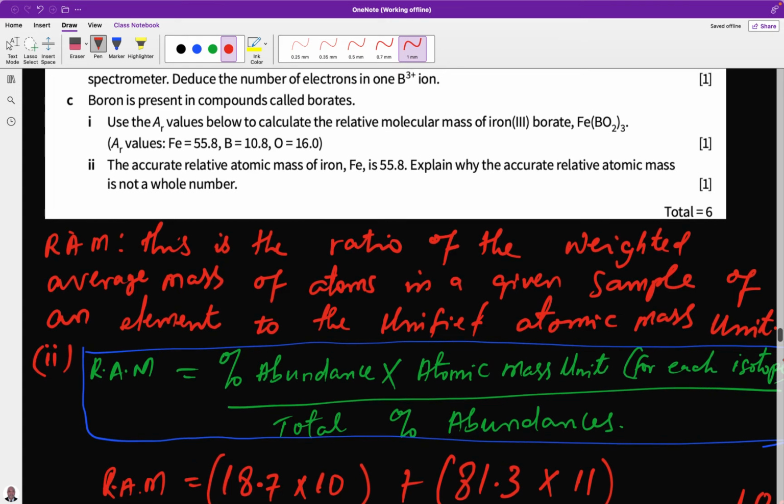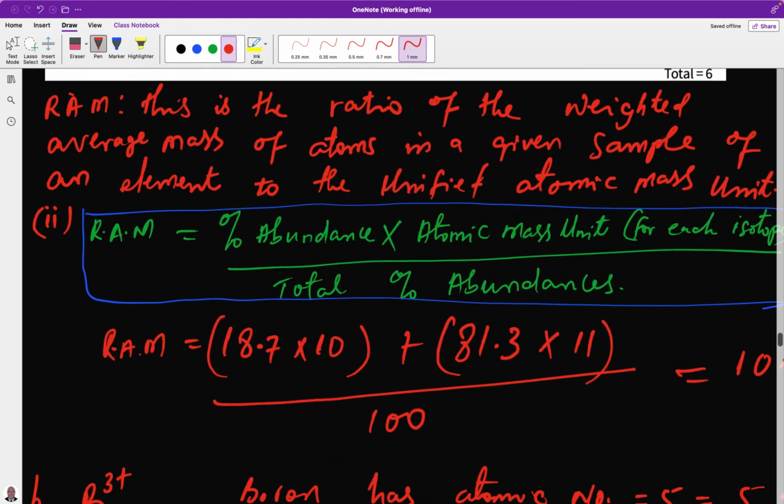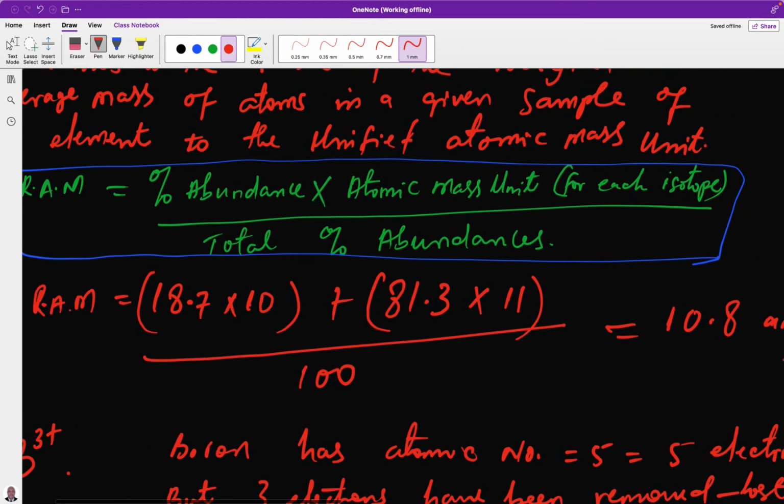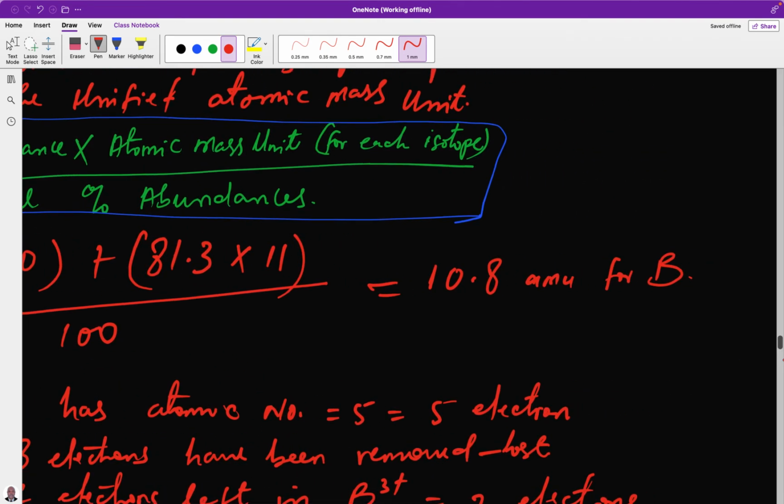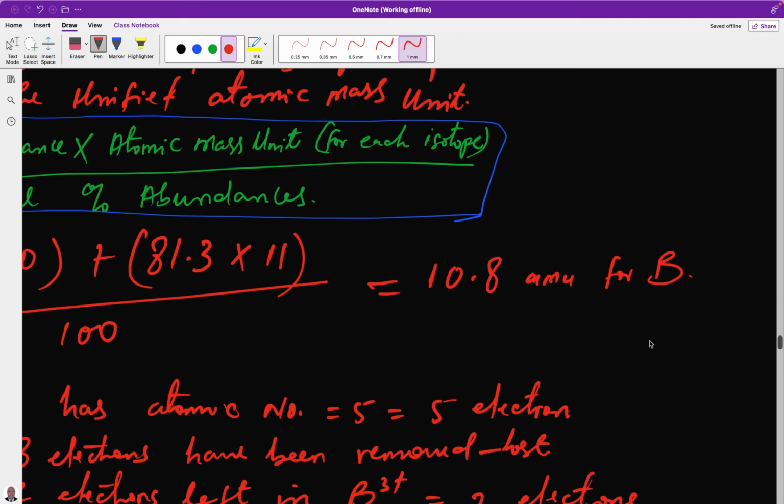Why are relative atomic masses having decimals, not whole numbers? It's the same thing we calculated here for boron. You saw that we calculated boron and it gave us 10.8. It was not a whole number.